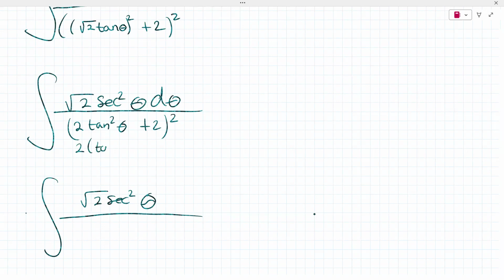So this will be tan squared theta plus 1. And then this is an identity, right? That's a secant squared. So that's going to be 2 secant squared theta, squared. And you still have this d theta.